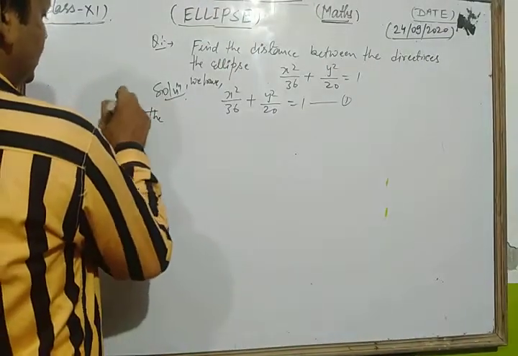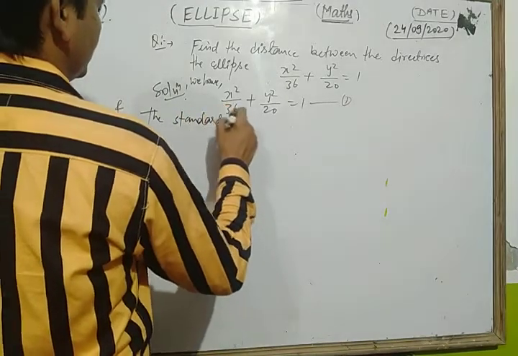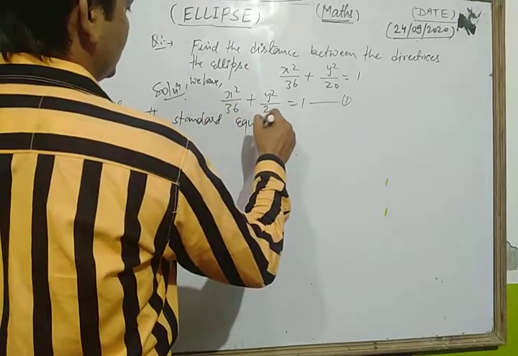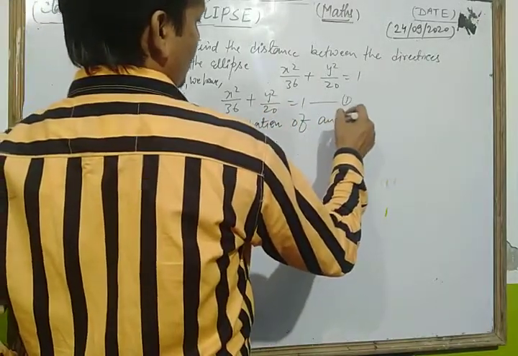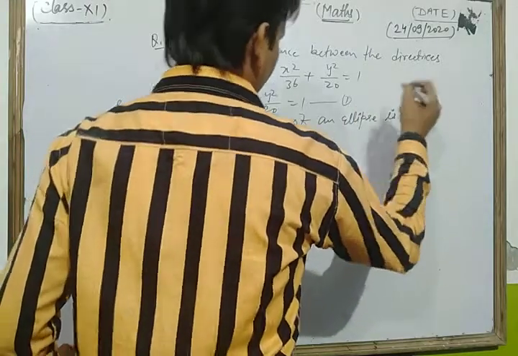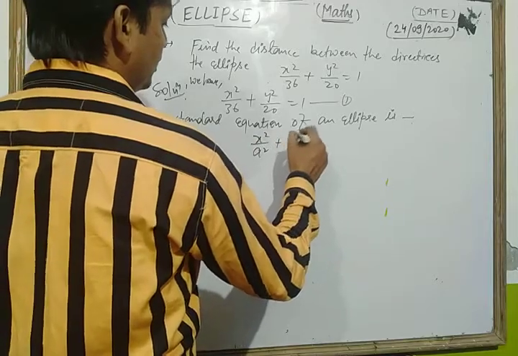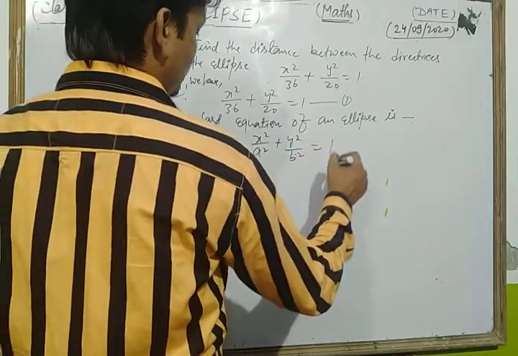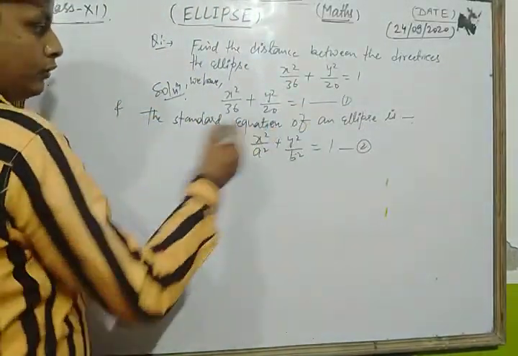The standard equation of an ellipse is x square upon a square plus y square upon b square is equal to 1. Take equation number 2.